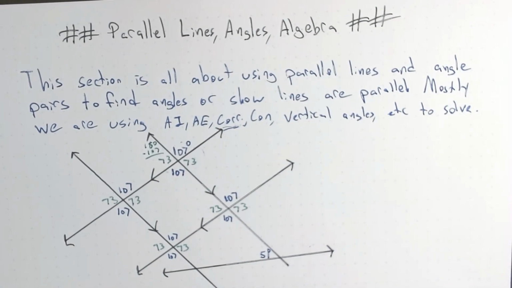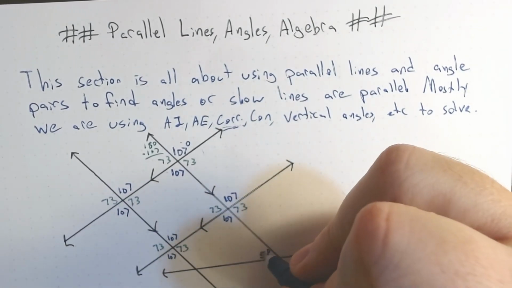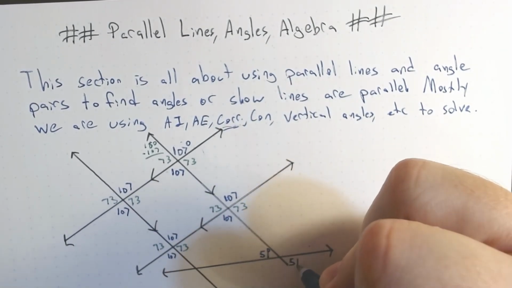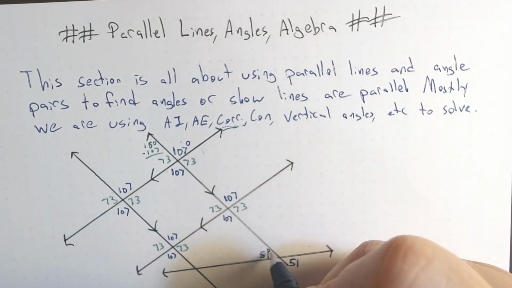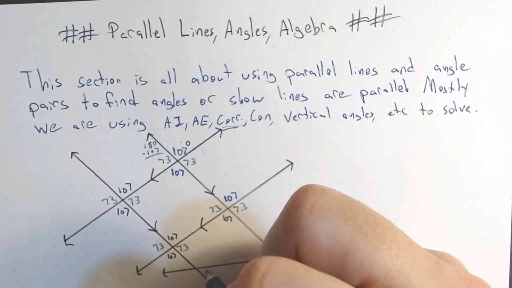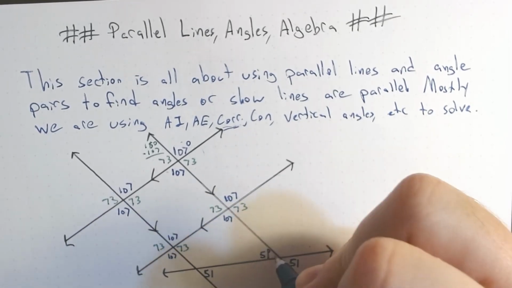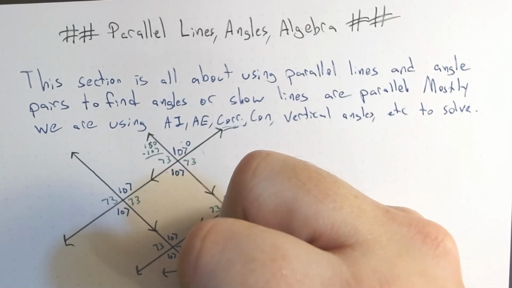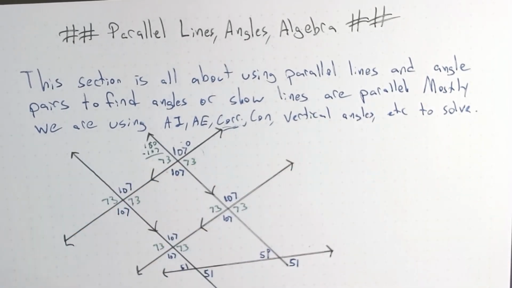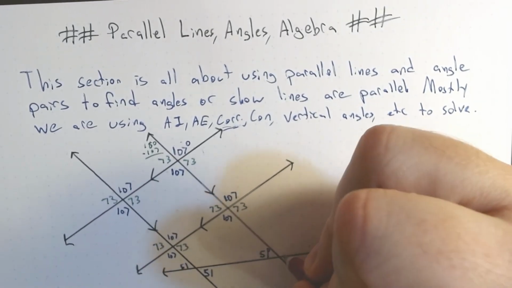So we're just going to do the same thing down here. If this is 51, this is vertical 51. This is alternate interior to this one here, so it's also 51 because they're on the inside of these lines on diagonal. These are vertical 51. Then we just have to find that last part, which these add up to 180.